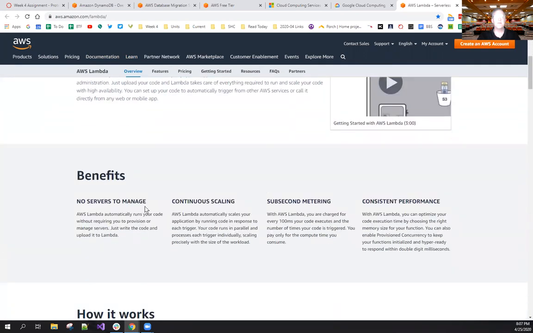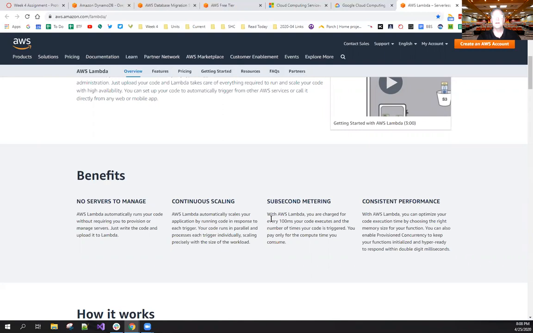In other words, you don't have virtual servers that are running Linux or running Windows. That's kind of cool. No servers to manage. Great. Continuous scaling. That's nice. You don't have to worry about setting up these virtual servers and automated provisioning to scale up, things like that. So that's nice.